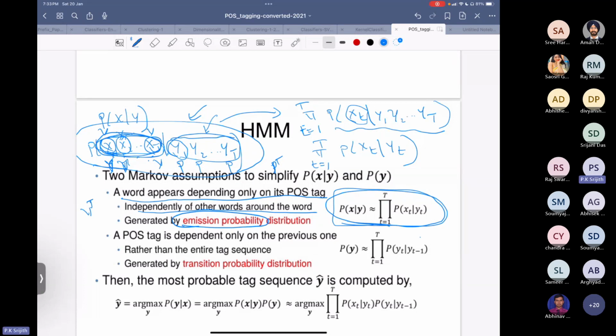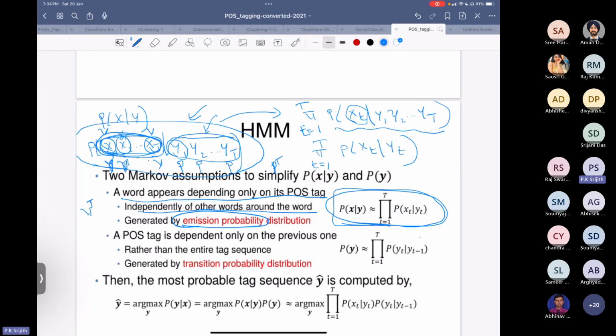Let us assume that the modeling of p of xt given yt does not depend upon the position t, and this model is the same across all positions t equal to 1 to t.